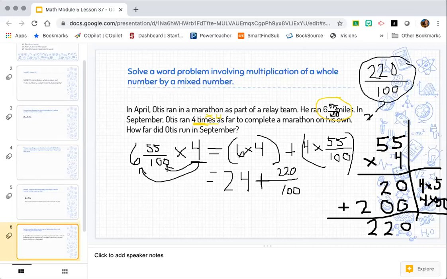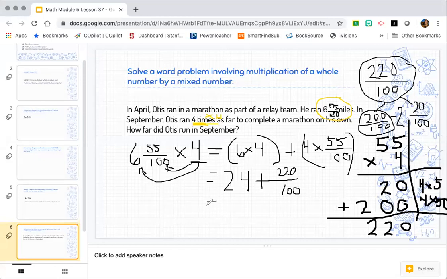It's just 200 hundredths, which is the same as how many wholes? Yes, Eva, 2, thank you. So 200 hundredths is the same as 2 wholes, and that leaves me with 20 hundredths because 220 minus 200 is 20 hundredths.